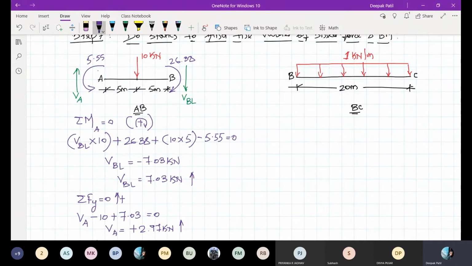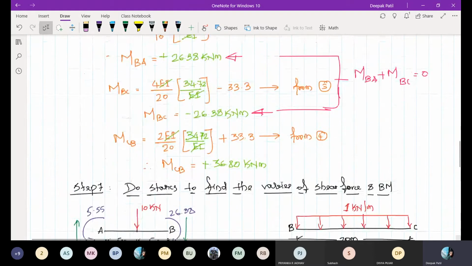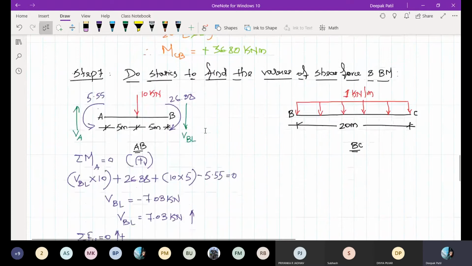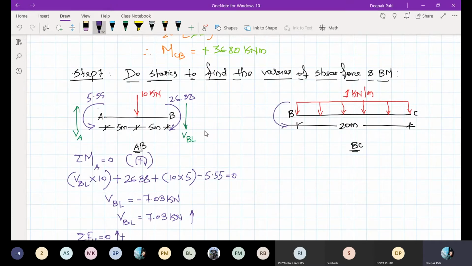Now similarly I have to do for span BC also. What about MBC? MBC is anti-clockwise, so I should write it in an anti-clockwise direction, 26.38, and MCB is clockwise, so I should write it clockwise, 36.8.